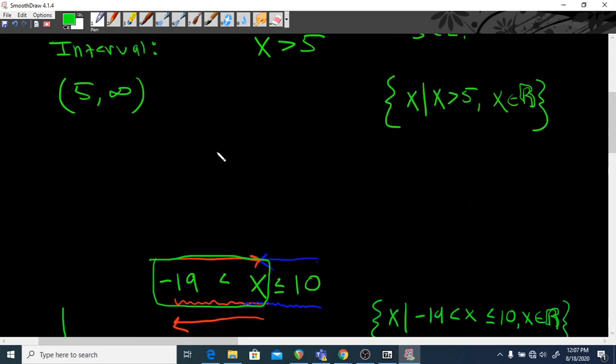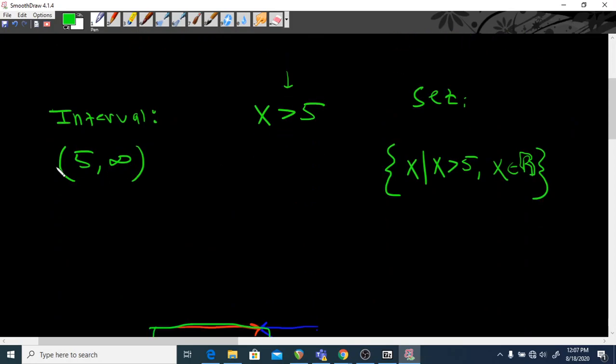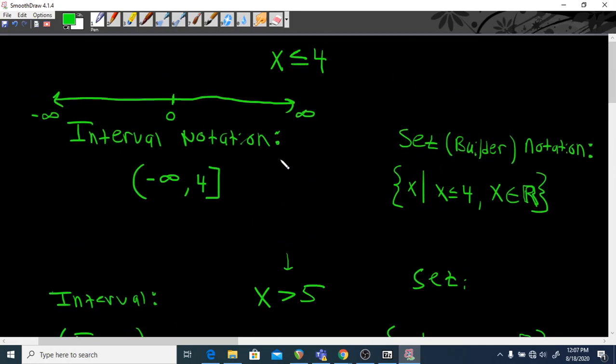And if we go up here, this is a completely open interval. This is half open because the first parenthesis is open.